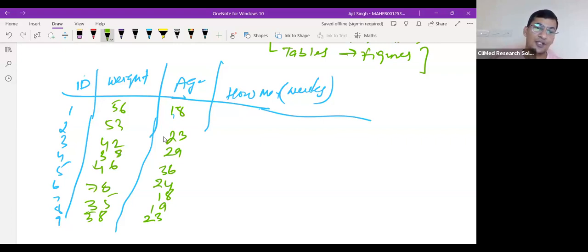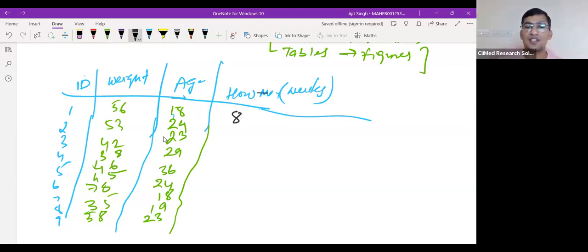Still 9, so we have 9 candidates with age, weight, and how many weeks, not months, sorry, of pregnancy.